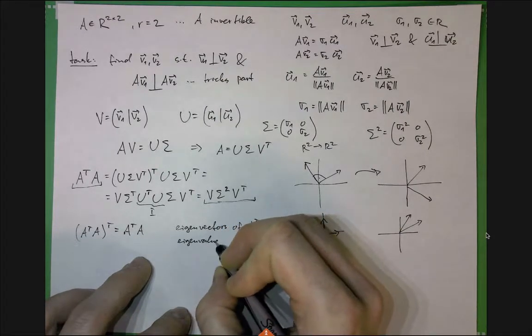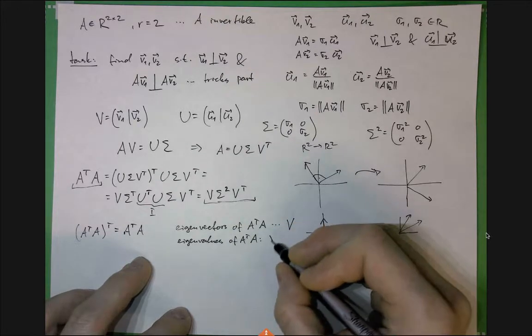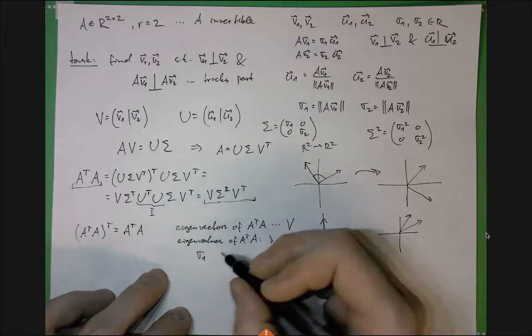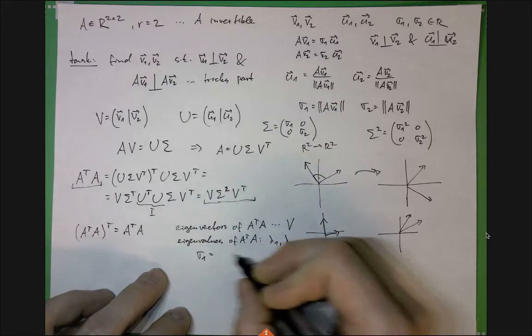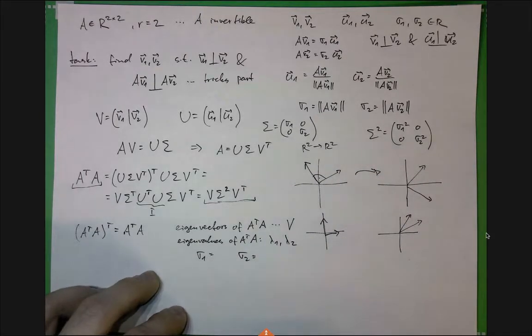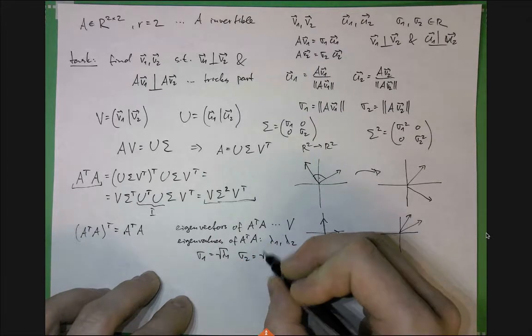And if I have eigenvalues of AᵀA, let's call them lambda 1 and lambda 2, then how do I set sigma 1 and sigma 2? Nobody? All I need to do is take the square root of lambda 1 and lambda 2.